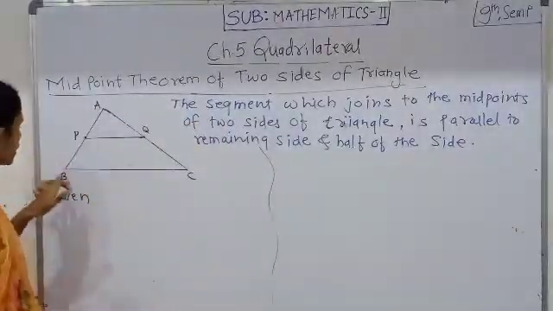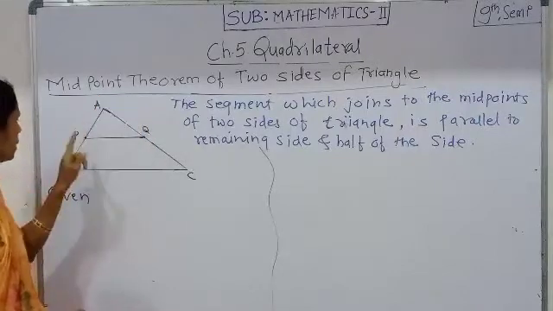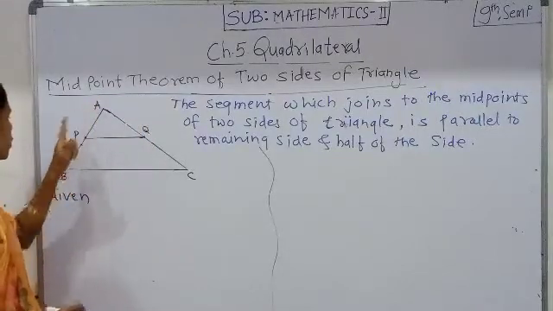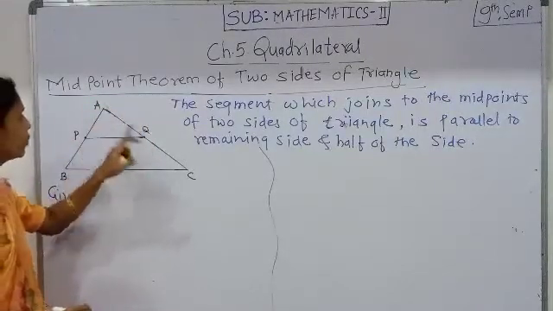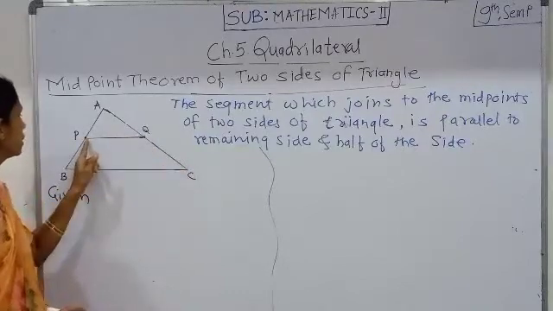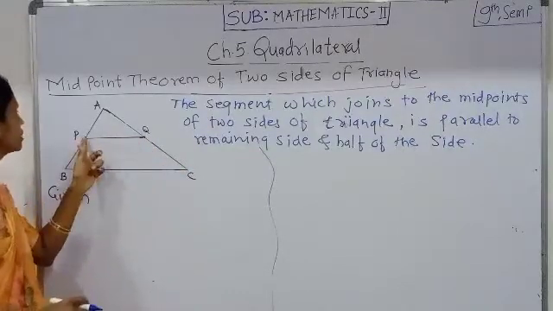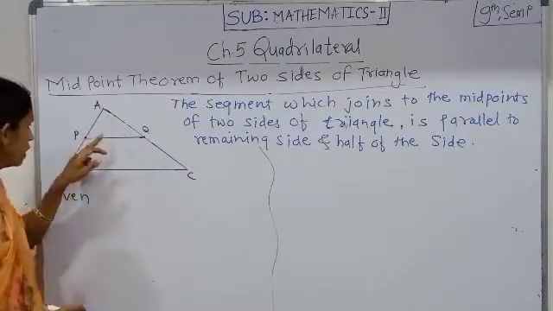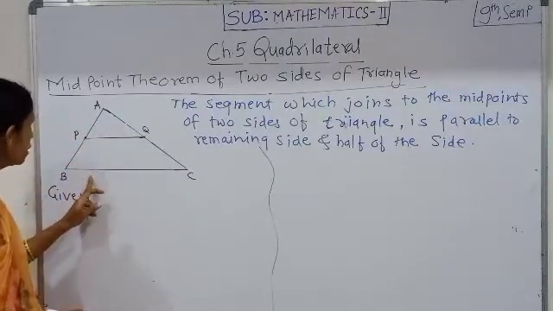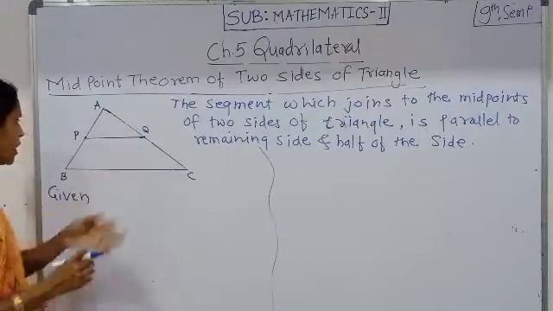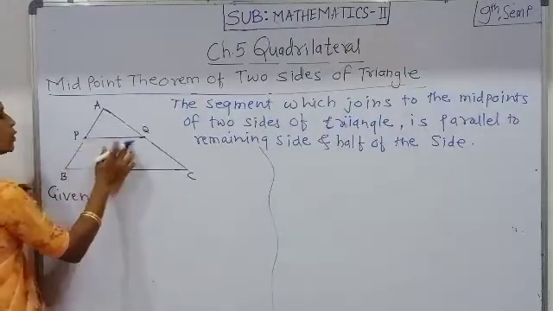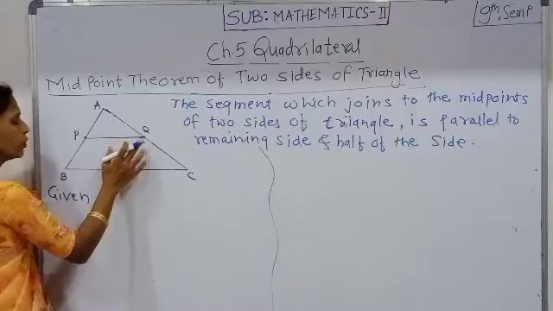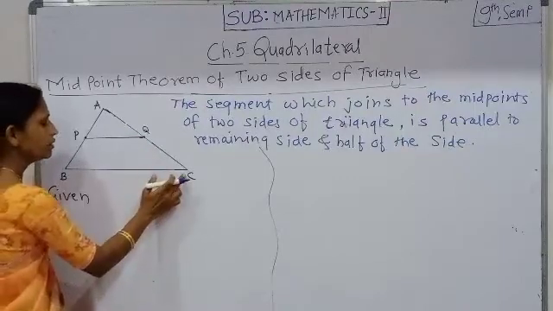See here, in triangle ABC, point P is the midpoint of AB and point Q is the midpoint of AC. Then PQ is a segment which joins the midpoints of two sides of the triangle, and PQ is parallel to BC, as well as the length of PQ is half of the side BC.